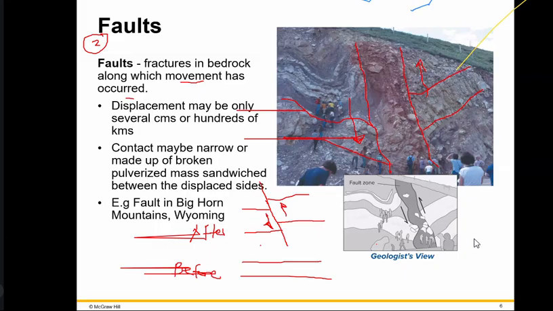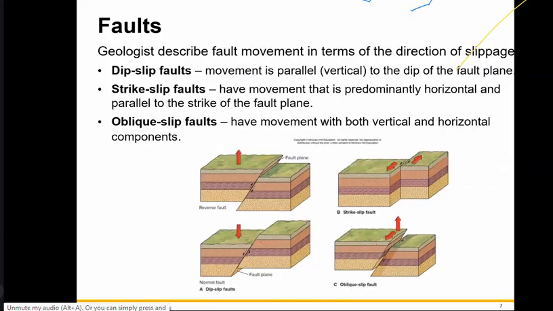Now, having known the definition of a fault, we said the fault is a discontinuity in rock along which there's been what displacement of the blocks? Good. Or relative movement of the blocks. Now, what are the types of faults? Look at this diagram.